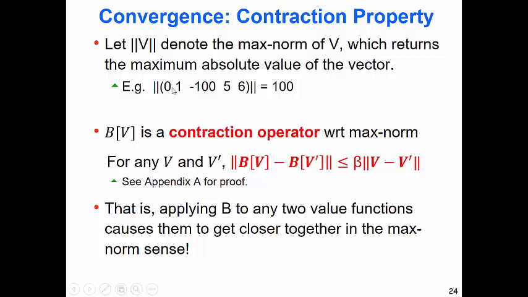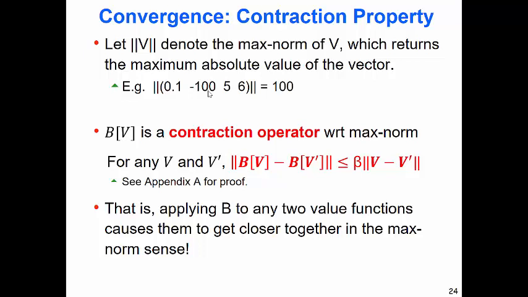It just returns the maximum absolute value of an element in a vector. Often they would write a little infinity symbol here. If you apply the max norm to the vector 0.1, negative 100, 5, 6, it returns 100, because 100 is the largest absolute value in that vector. So it just looks at the vector, finds the largest absolute value, and returns it. That's a max norm.